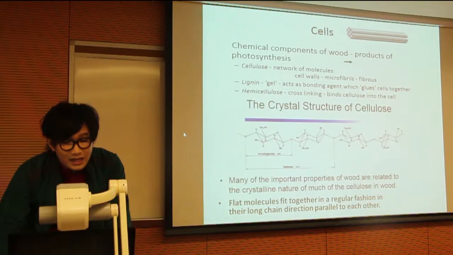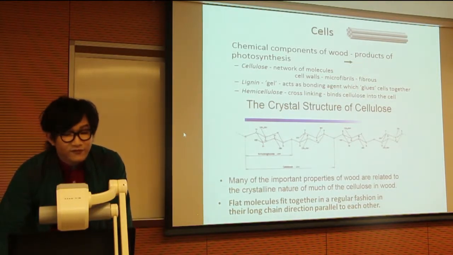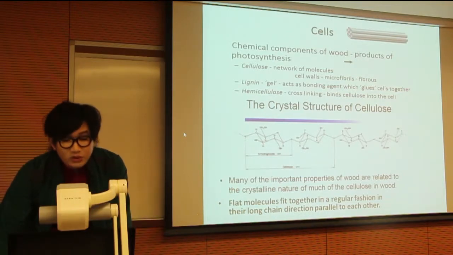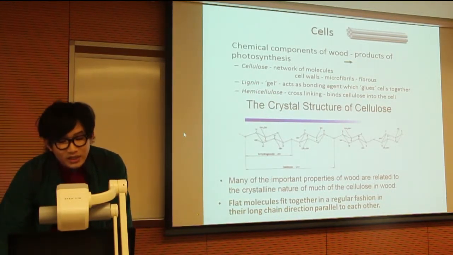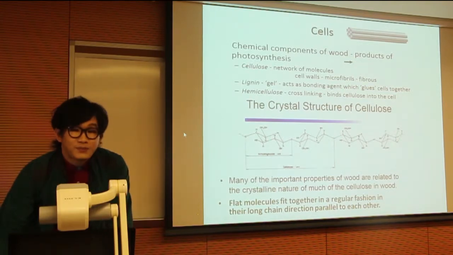And lignin is the glass-like substance that serves as the filler, like the resin in fiberglass, and is brown in color. And hemicellulose is a cellulose type molecule, but it's not as long as the main cellulose. It's a more mat-like molecule that is used to wrap up the cell.